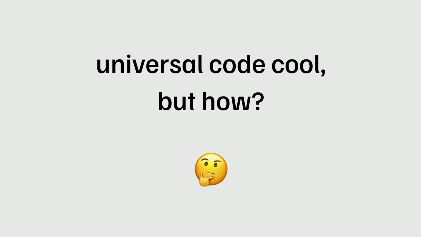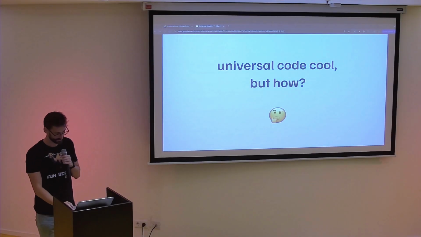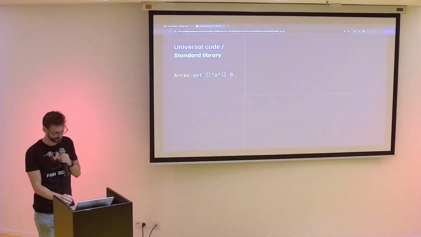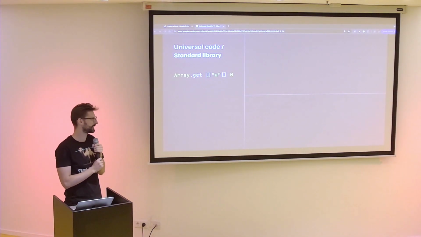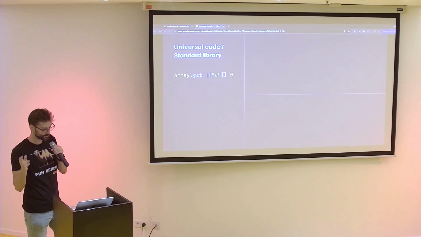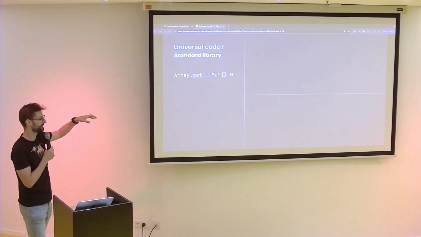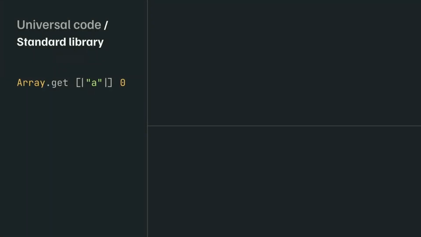There are other things that are cool about universal code: these modules need to be bound, right? The biggest universal library that exists is Stdlib, right? Like the standard library in OCaml is re-implemented in melange. For example, this is just the tiniest example ever. You get an item from an array.